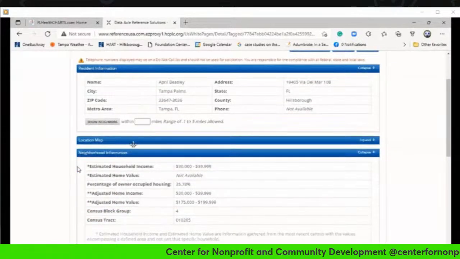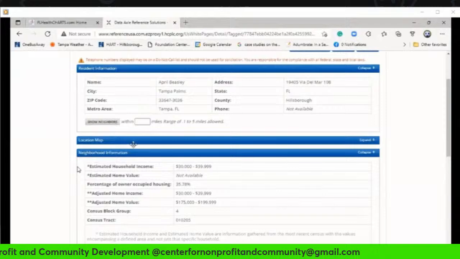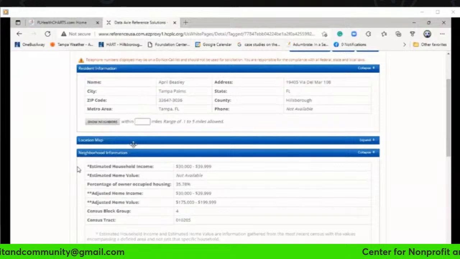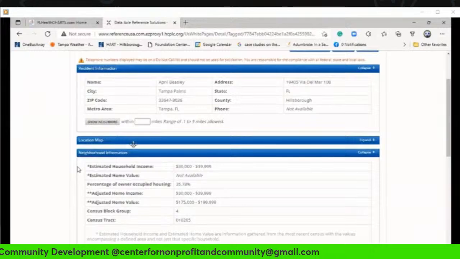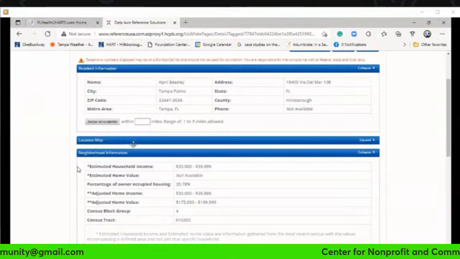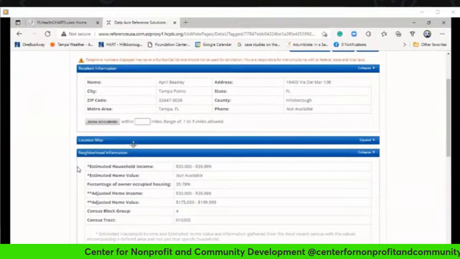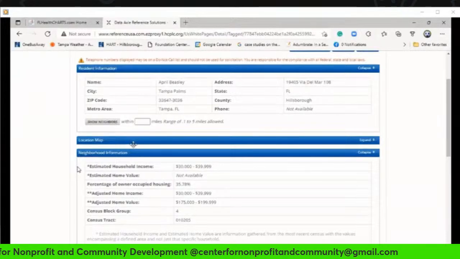We can go all the way down to the address.